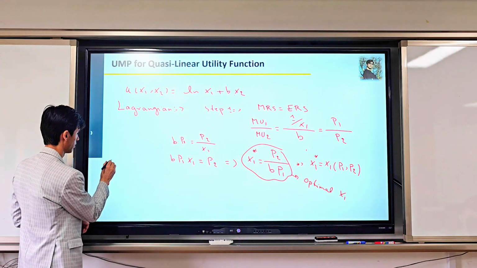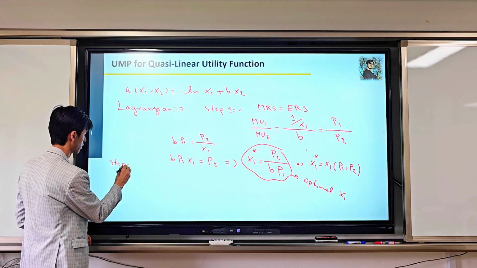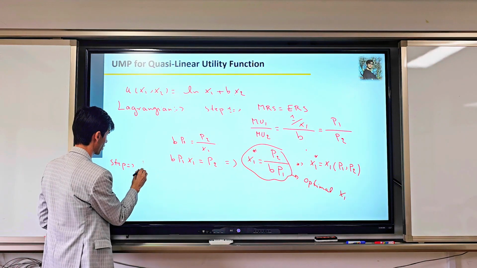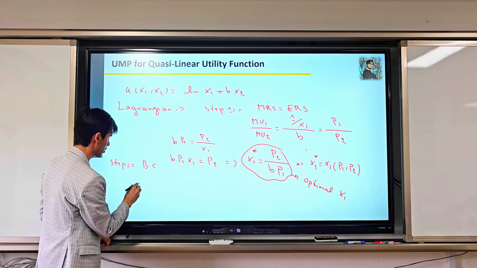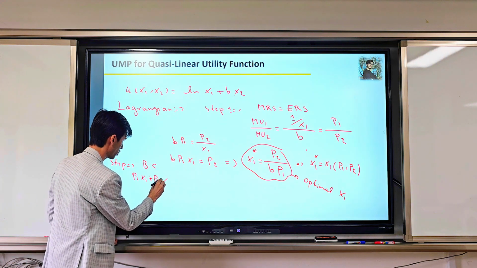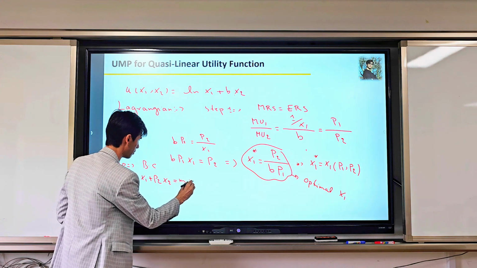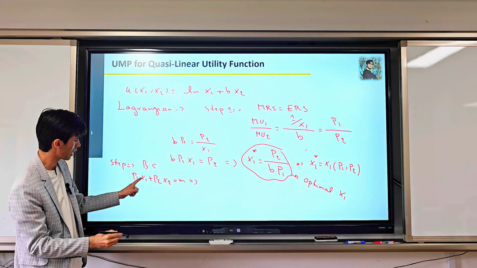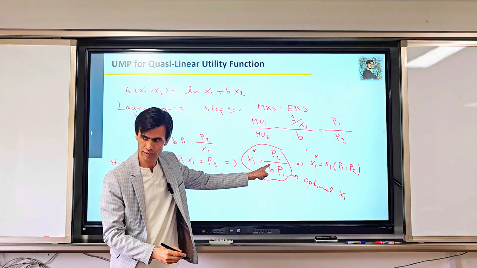And the second step, again, is to set up our budget constraint. The budget constraint is p1 x1 plus p2 x2 equal to m. Now substitute the value of x1, which is this one.